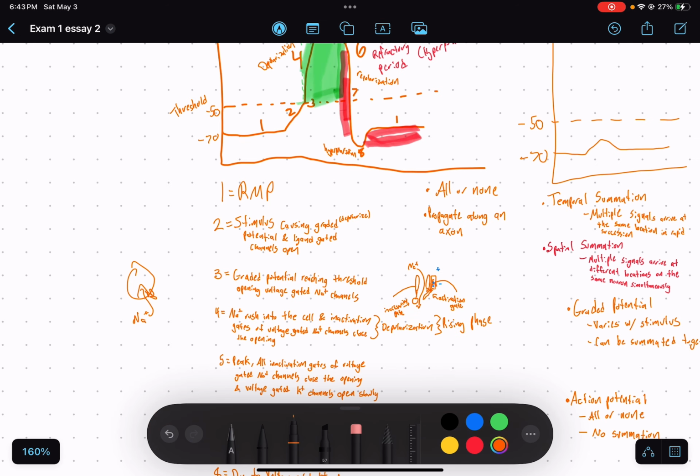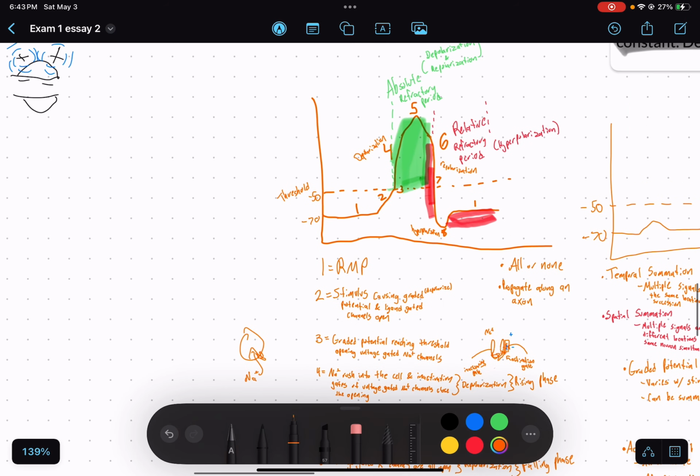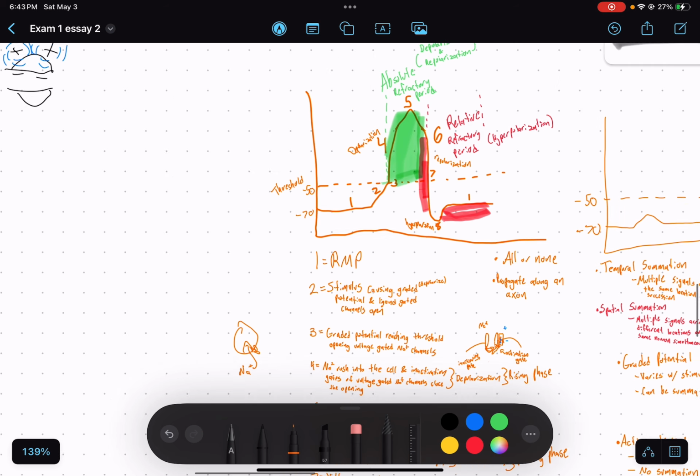So as the sodium is rushing in really fast, this inactivation gate here, up there, is going to swing shut really fast, so that way you have a lot of sodium that made it inside the cell, causing an even higher depolarization.